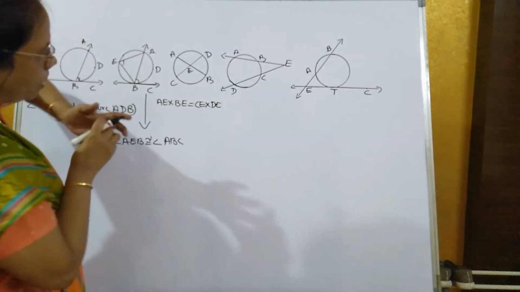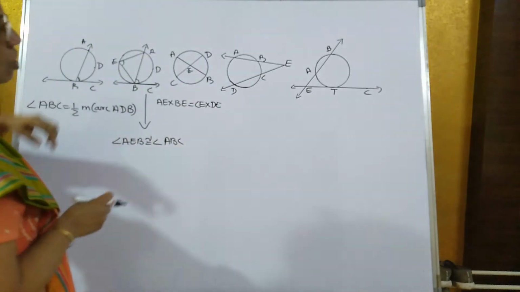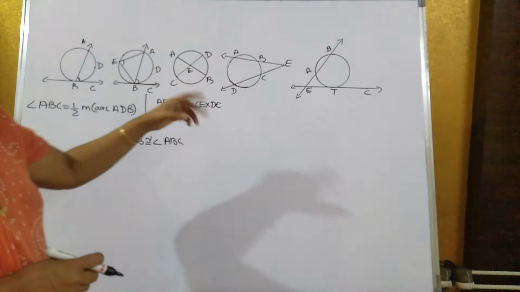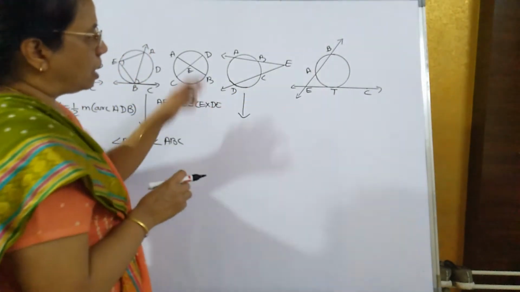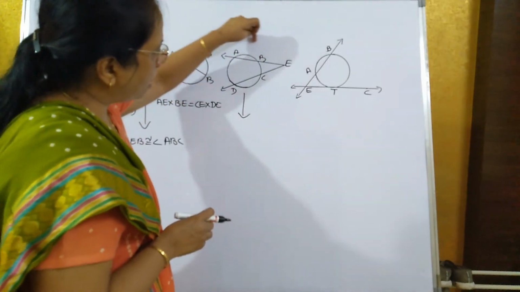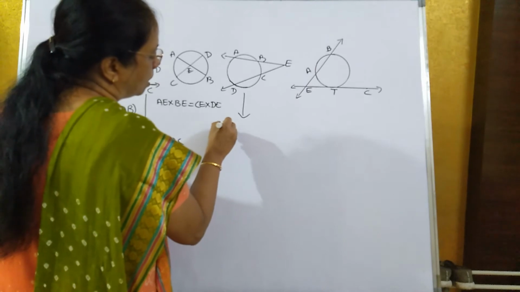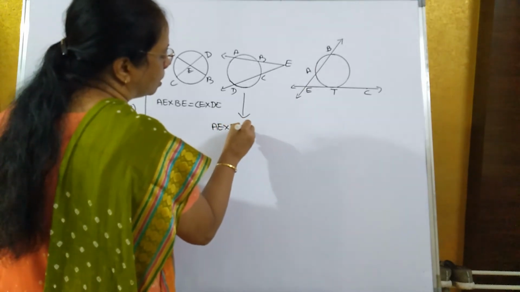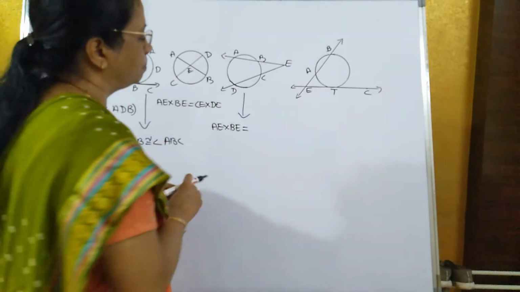So this way, AE into BE is equal to CE into DE when the chords intersect internally. If the chords intersect externally, then what's the formula? That time you have to take the full thing, AE into BE is equal to, similarly the full thing you will take, DE into CE.